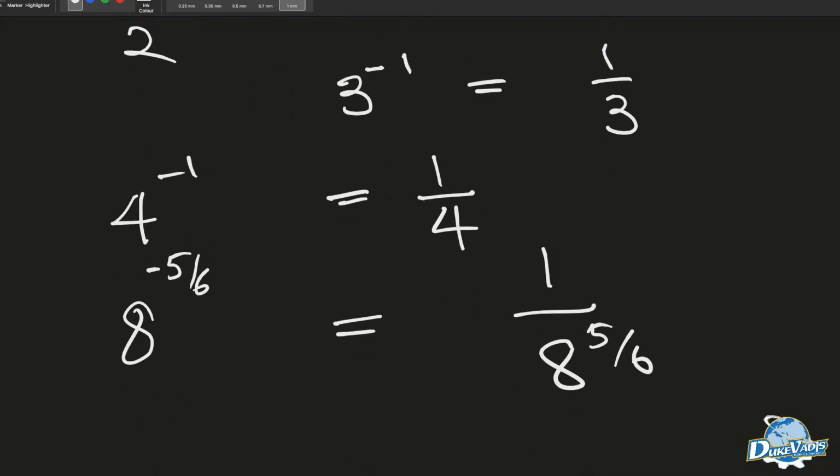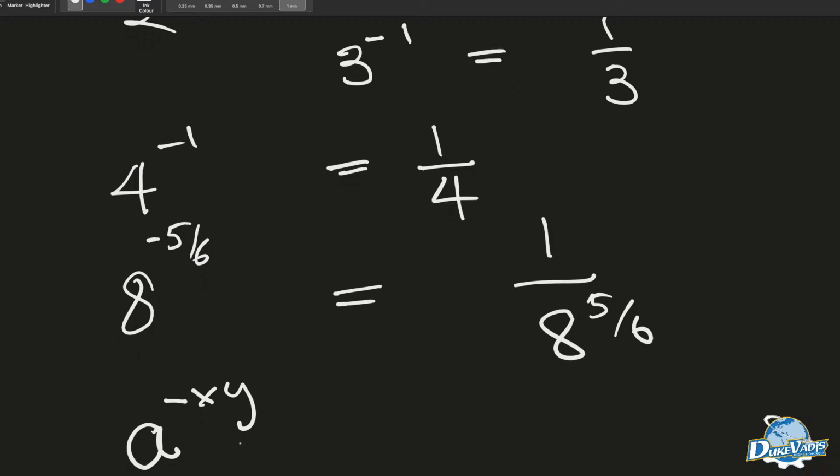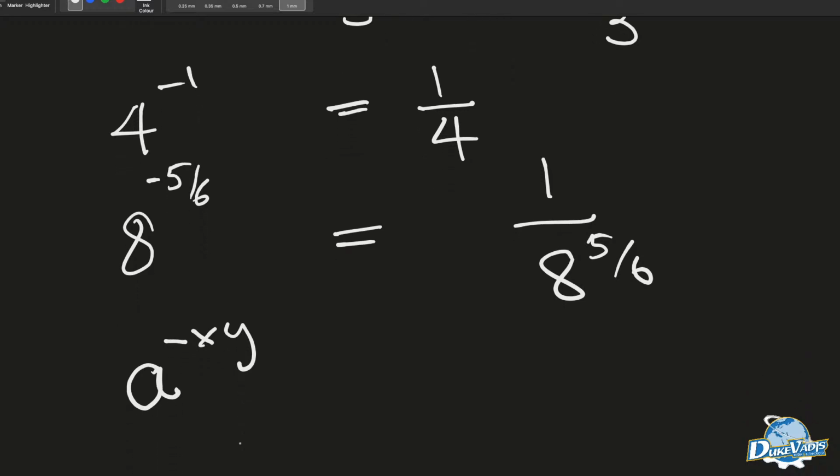Now let's keep going. If I have a raised to the power negative xy, by the law of indices, this will give me 1 over a raised to the power xy.